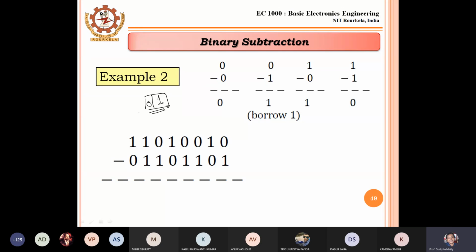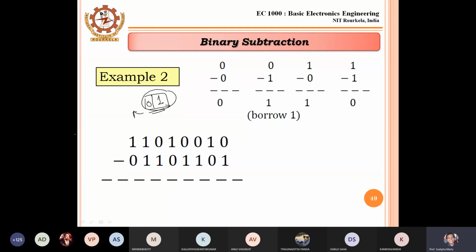The last carry or borrow bit cannot be stored. We do not have a provision, so it will never be shown. Only those 2 bits will be shown, because we are performing an n-bit operation and n is fixed.